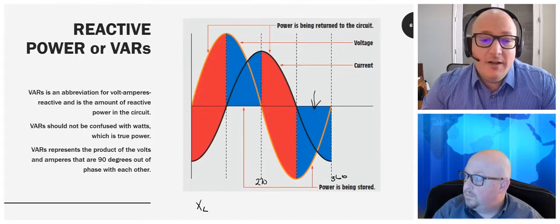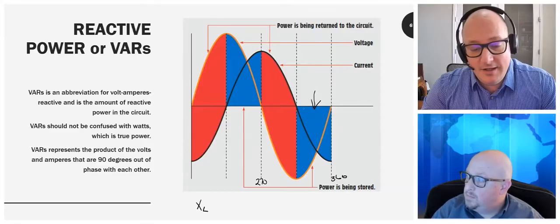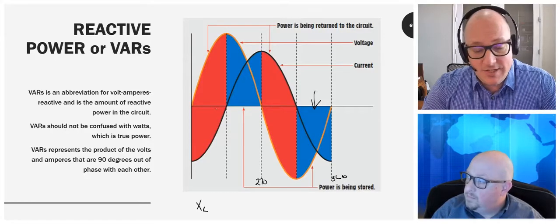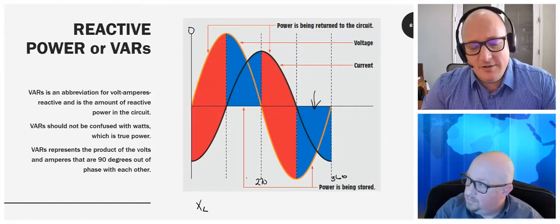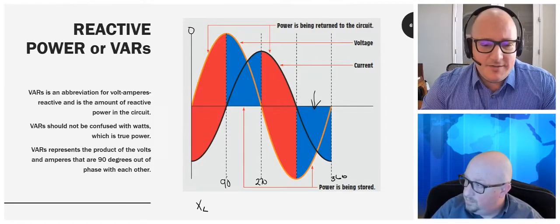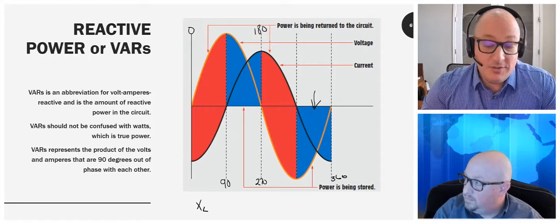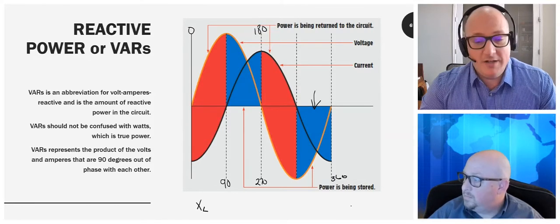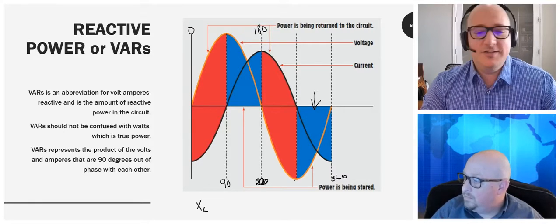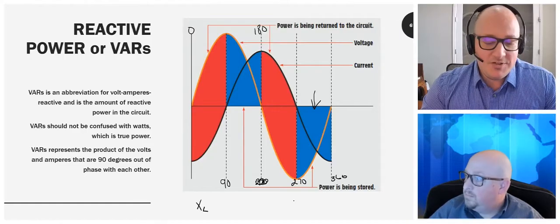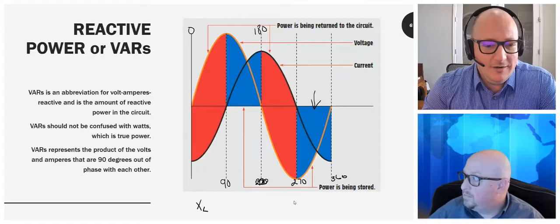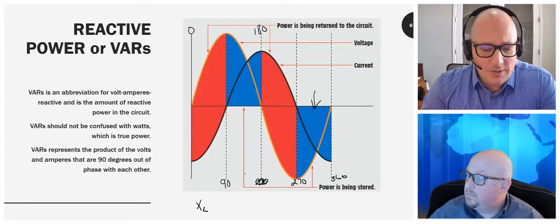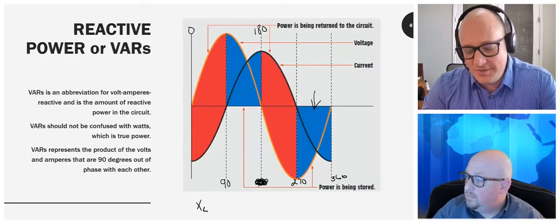But from 0 to 90, and then again from 180 to 270, that magnetic field we've created is now collapsing, and it's actually returning power back to the source. So from 0 to 90, Luke Wilson gives Will Ferrell the bread maker, and from 90 to 180, Will Ferrell gives it back.